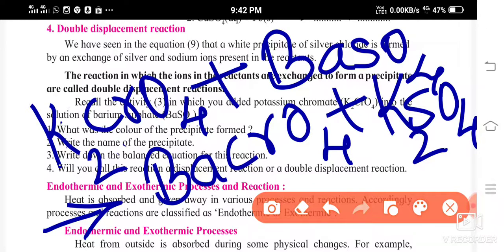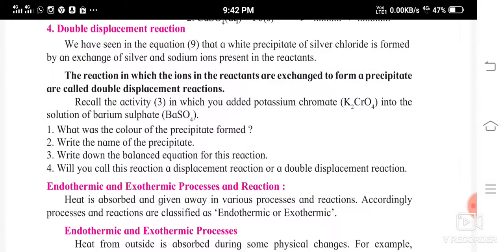Now see, this is potassium chromate plus barium sulfate. Here the double displacement reaction takes place and potassium is replaced by barium and barium is replaced by potassium, right? So this is the equation, and how to balance the equation I have taught you.